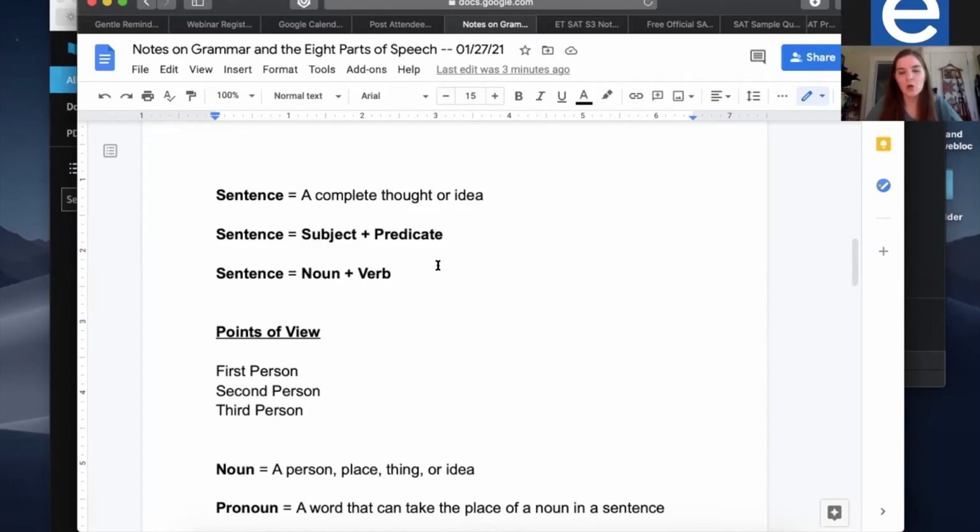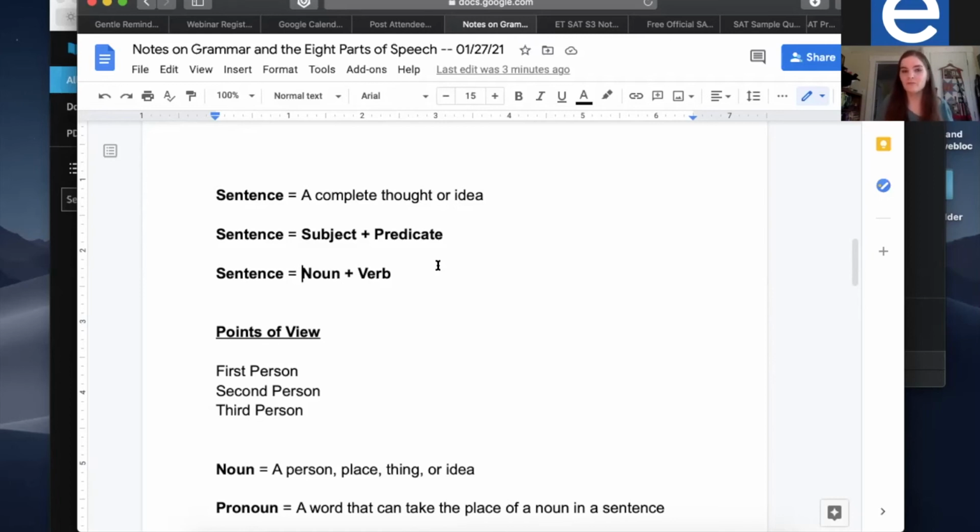So knowing that, essentially, a sentence is a complete thought or idea. If you are missing any one of these ingredients, if you're missing a noun or pronoun that's telling you who or what the sentence is about, it's not a complete sentence. Same thing with a verb.